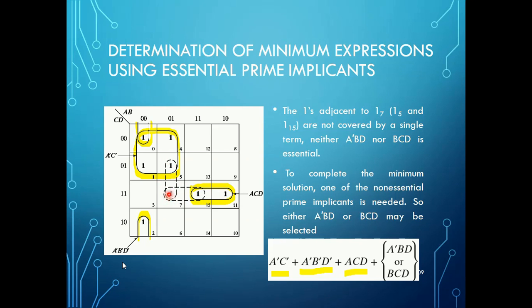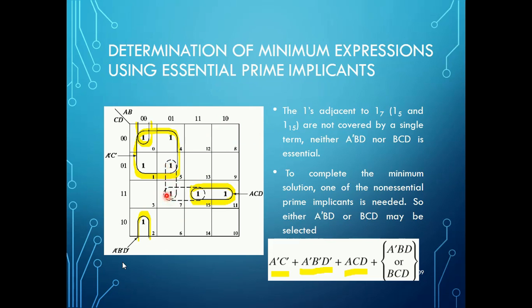So whatever you have got, A bar C bar, A bar B bar D bar and A C D are the essential prime implicants, but one more prime implicant is present to complete the solution. So here, if you see, there are two possibilities.